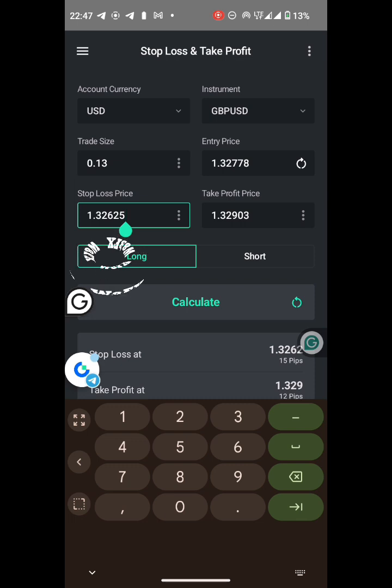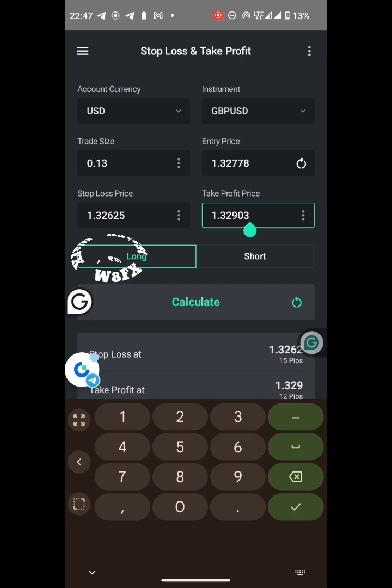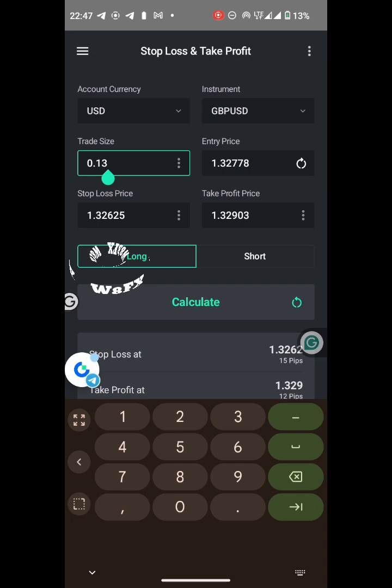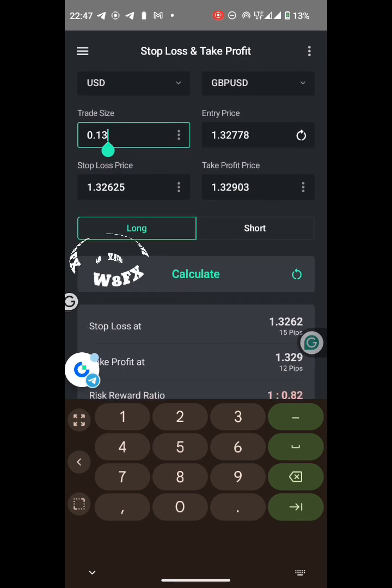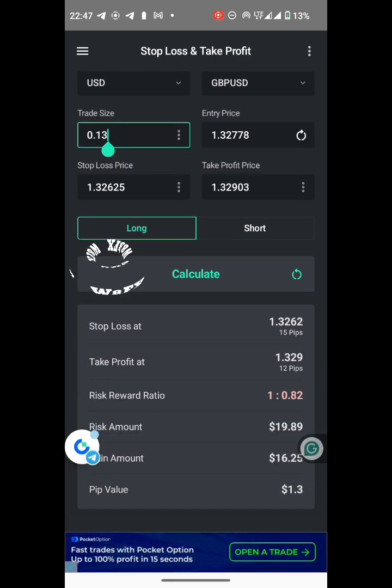Then the take profit, we can put it here. This one we don't know, which is the lot size, but we are going to play around with it and it will give us what we are looking for, because we already know the value of the USD we want to risk. So once we play around with this, it will show us here the risk amount, so we get what we are looking for, just as we've done earlier.